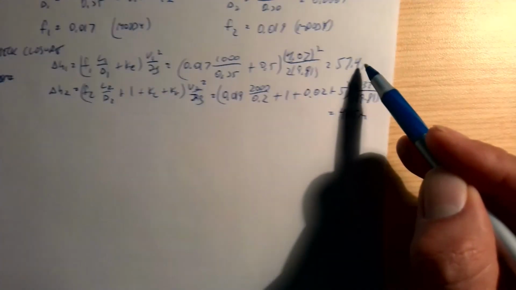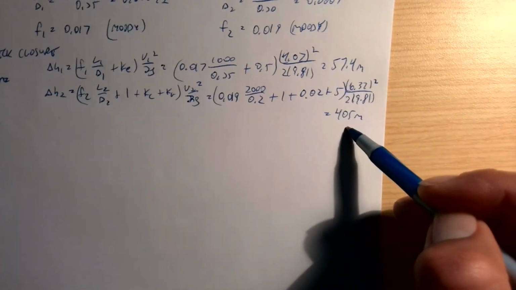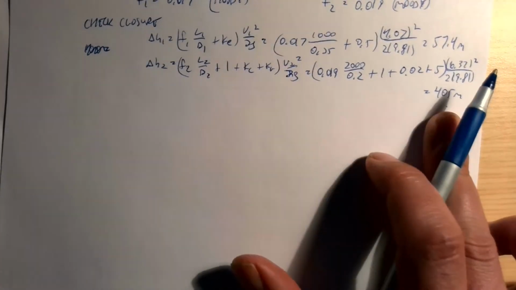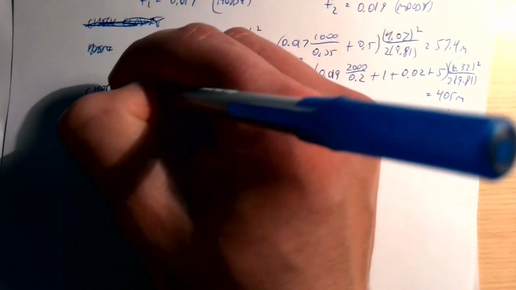So the head losses in the first one are 57.4, and in the second one they're a lot more because it's the same flow through a smaller pipe, so you're going to have to push harder because the velocity is bigger. So a lot more energy loss. So now we can check closure.